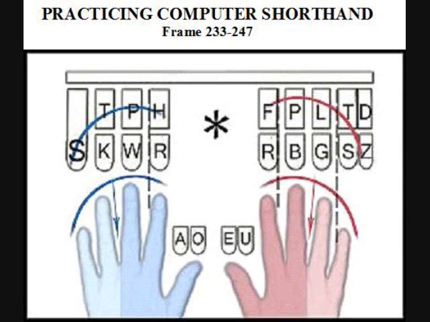Okay, frame 245 is must when it comes first in the phrase. Must I? Must you? Must he? Must she? Must it? Must we? Must they?